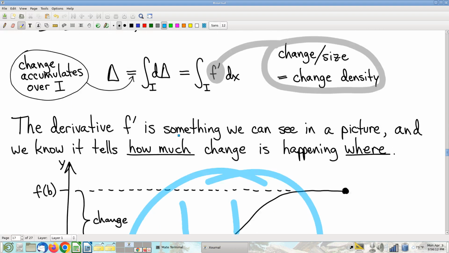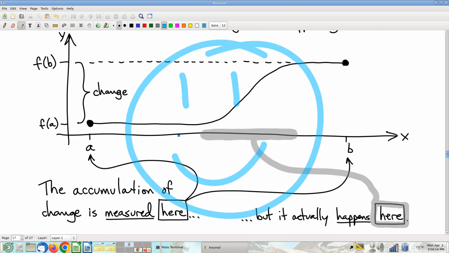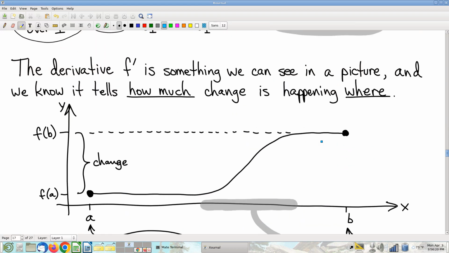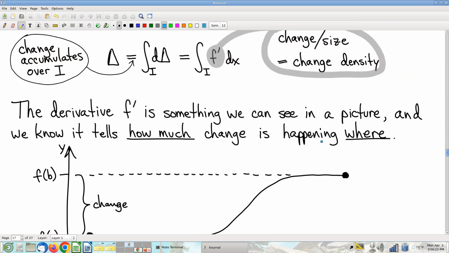Okay, now the other motivation. Not only do we have motivation for thinking about the accumulating quantity happening in the interior, but look at what F prime does. F prime, algebraically computed, gives us a numerical assessment of how much change is happening specifically where in the interior.